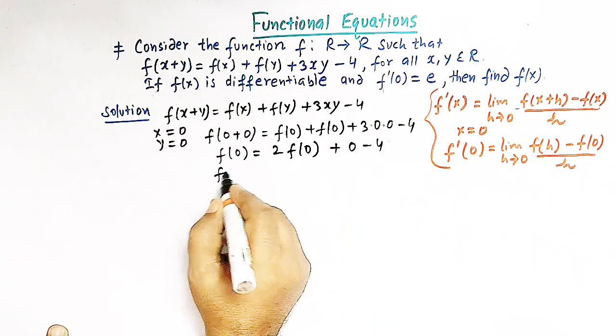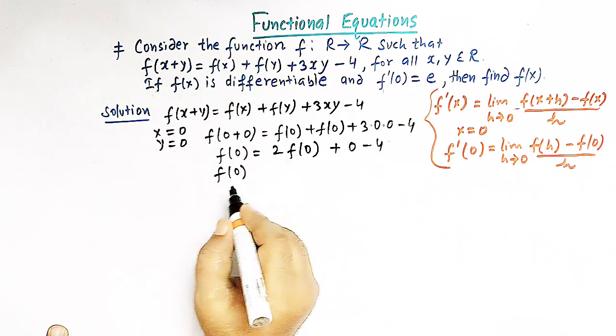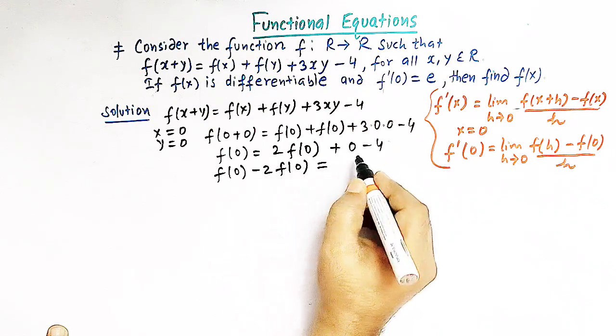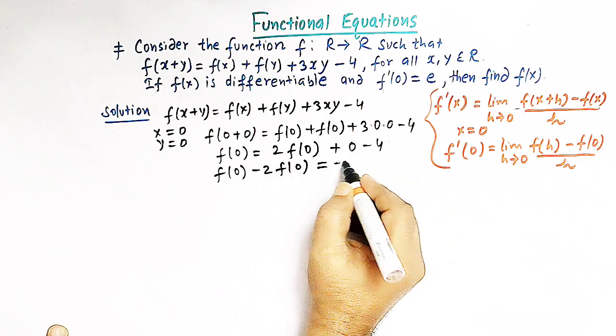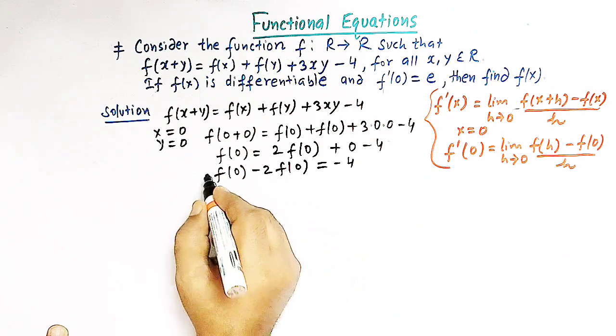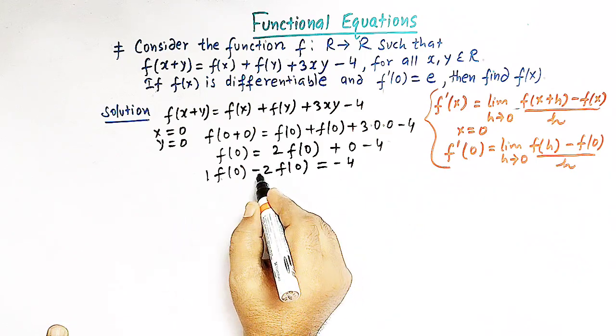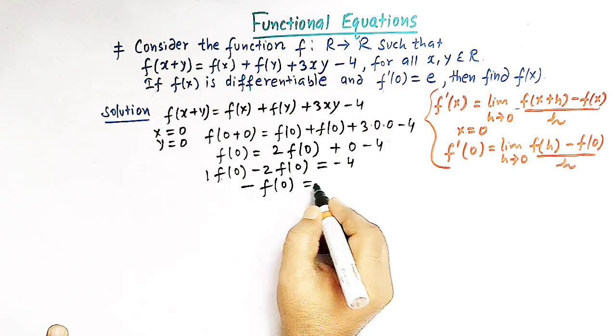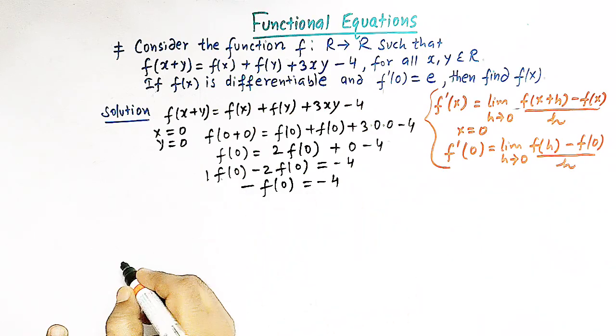So we can take this term to the left hand side. So we have f of 0 minus 2 times f of 0, and here we have 0 minus 4, that is minus 4. So f of 0 minus 2 f of 0 is minus f of 0, and this is equal to minus 4, right?